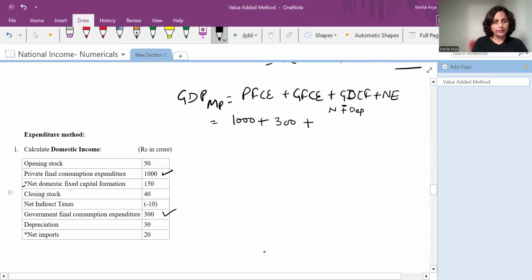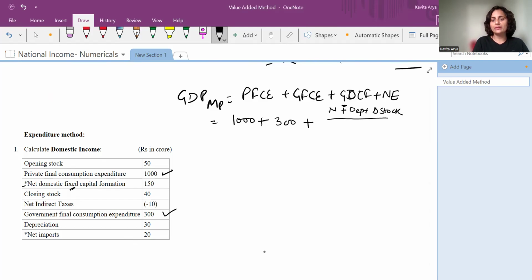And one more thing, fixed capital formation is given. It means one component of capital formation is given, the other, that is the stock or inventories, is missed out. So if we want to make it gross domestic capital formation, we have to add to this net domestic fixed capital formation two more components: depreciation and change in stock.